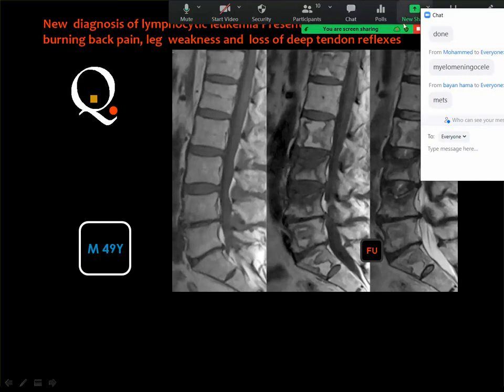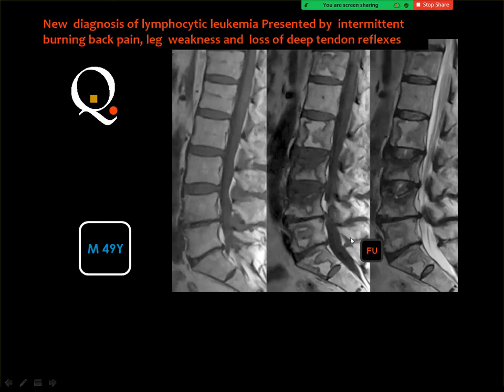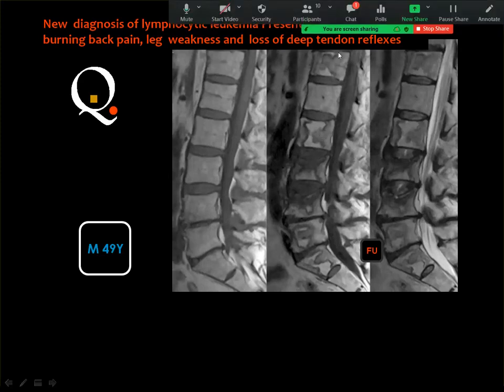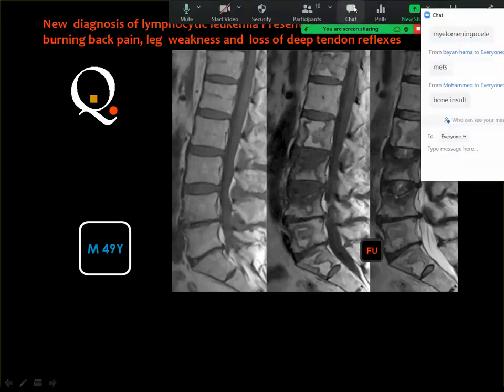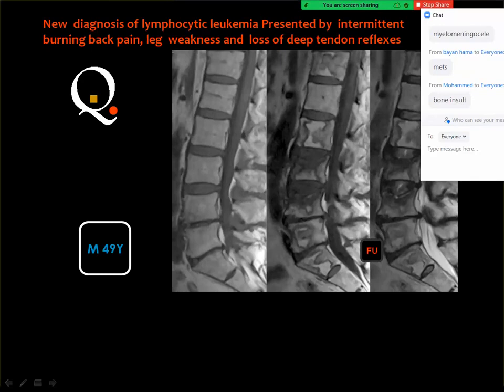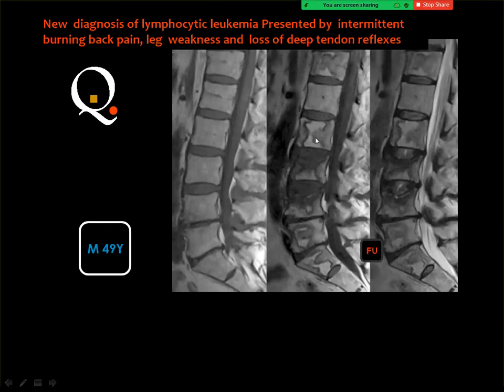No, this is not metastasis. And actually, if you look carefully, you see what we call the Chinese figures that are seen in long bone infarctions. And this is also an infarction, multiple vertebral infarctions showing the appearance of what looks like the Chinese figures.